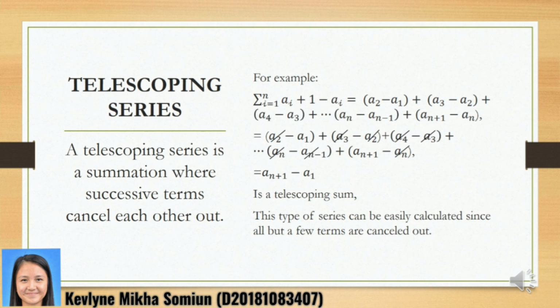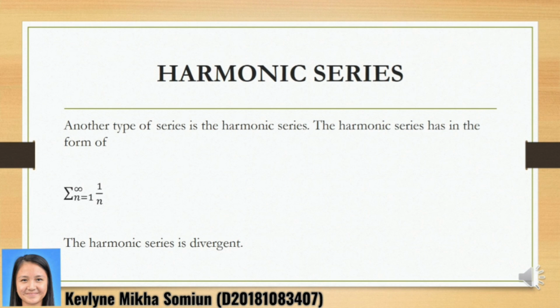A telescoping series is a summation where successive terms cancel each other out. From the example, we can see that this type of series can be easily calculated since all but a few terms are cancelled out. Lastly is the harmonic series, which has this form. The harmonic series is divergent.